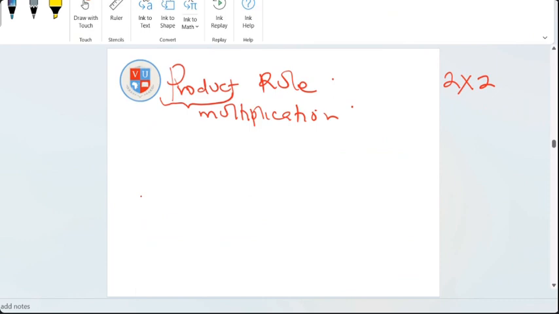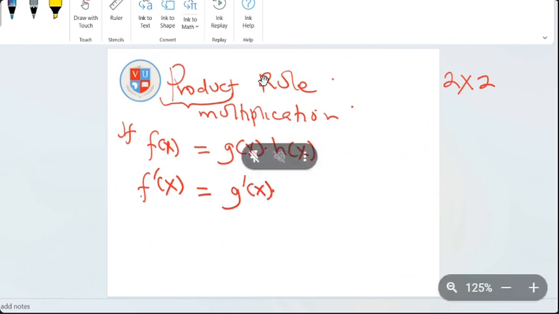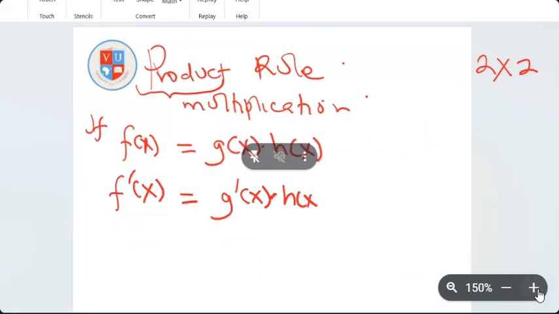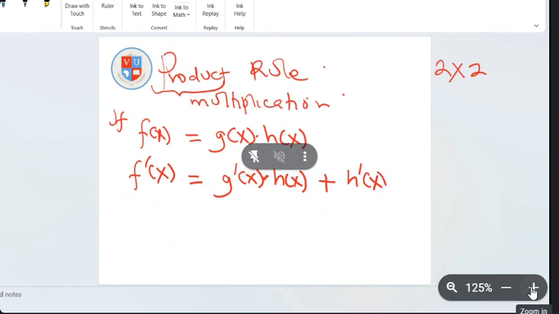So, according to this rule, if we consider a function f of x that is a product of 2 functions, and we need to find the derivative of such, the product rule states that first get the derivative of the first function, multiply the second function. Add on the derivative of the second function times the first function.